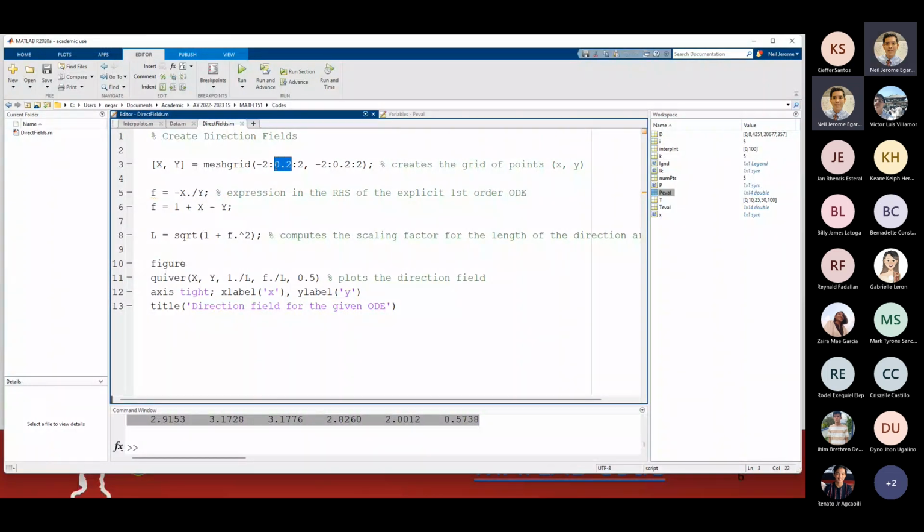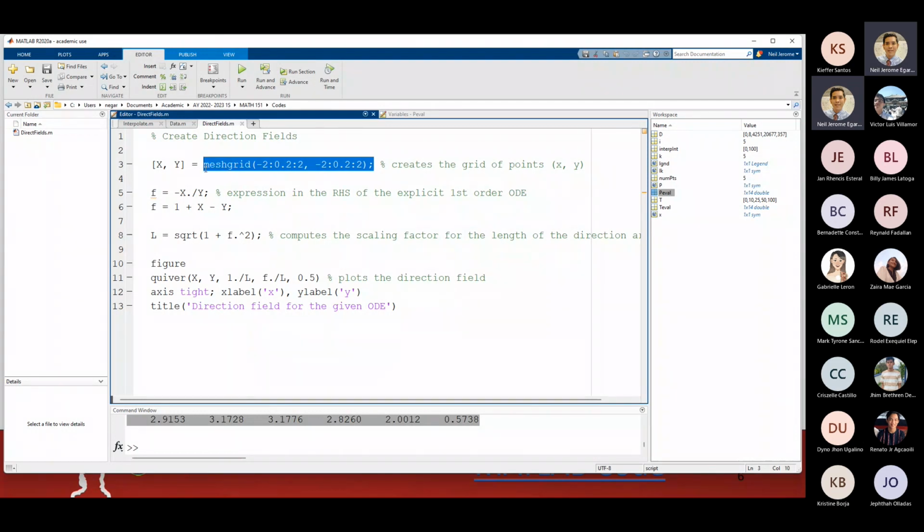So I'll start from -2, then jump 0.2 unit per step until I reach 2. Those are my x values. Likewise for the y values, I'll start from -2 and jump 0.2 unit per step until I reach 2. Then the meshgrid command does the work for us to create a rectangle consisting of points from x equals -2 to 2 and y from -2 to 2 with an increment of 0.2.